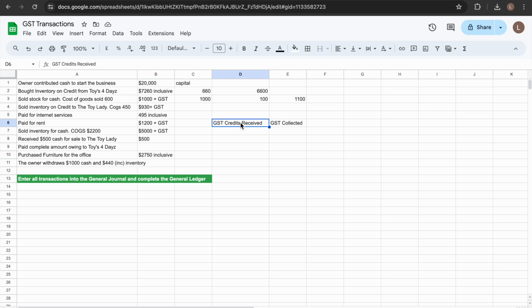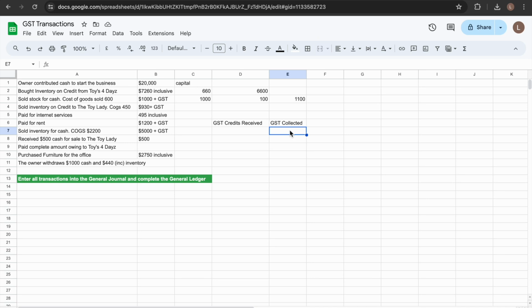Think of it this way. When you sell something, you are collecting GST. You're collecting tax, and that tax is what you're going to owe to the government. This GST credits received is what ends up being subtracted from your GST collected, and that ends up being the amount that you owe to the ATO or various tax offices.